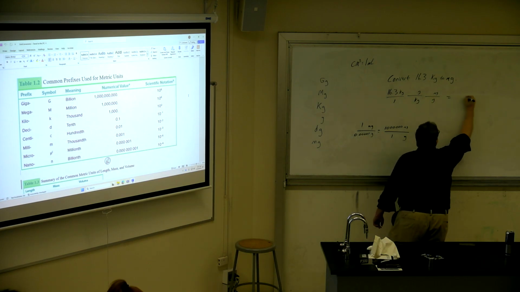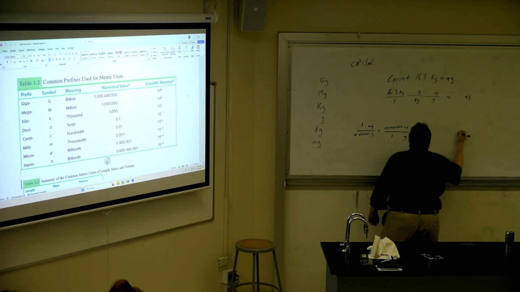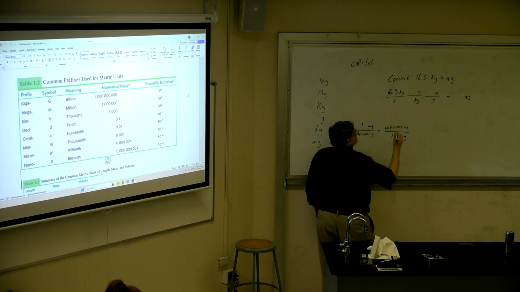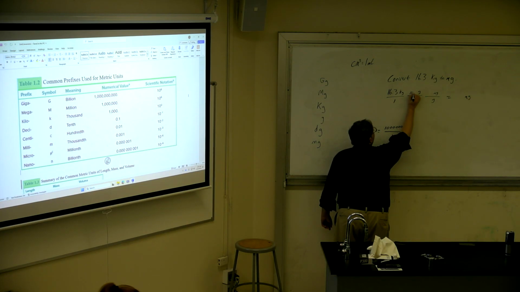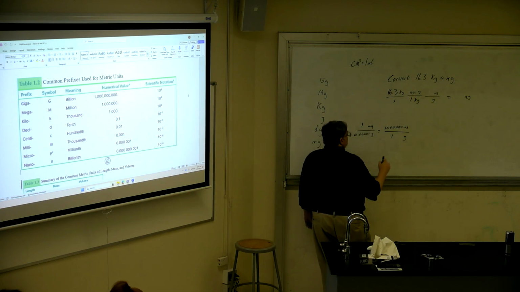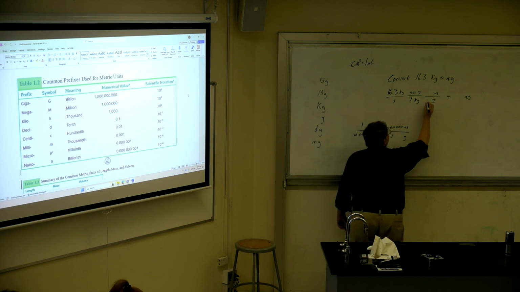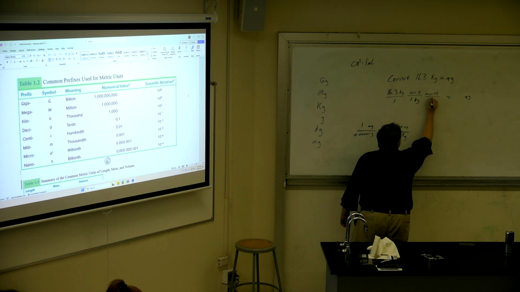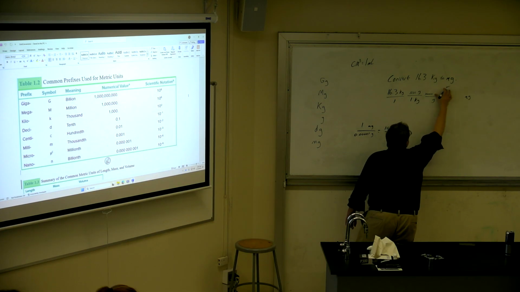So this way my kilograms cancel, my grams cancel, and I end up on the other side of the equal sign with micrograms. I've already said 1,000 grams is 1 kilogram. If I wanted to use this, I would say 1,000,000.